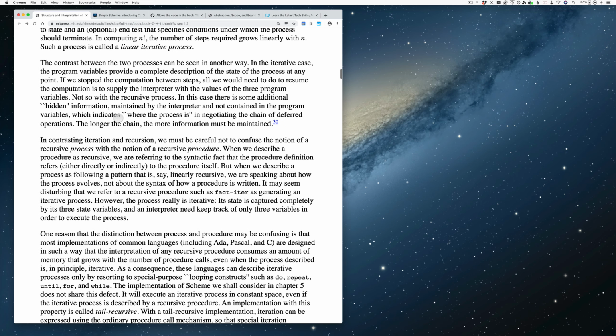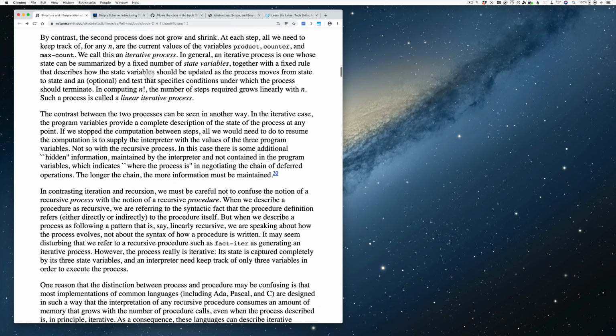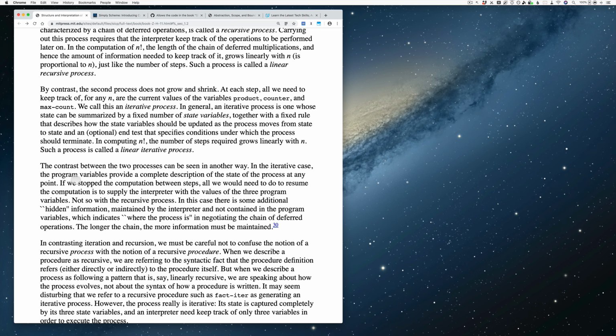The contrast between the two processes can be seen another way. In the iterative case, the program variables provide a complete description of the state of the process at any point. If we stop the computation between steps, all we would need to do to resume the computation is to supply the interpreter with the values of the three program variables.